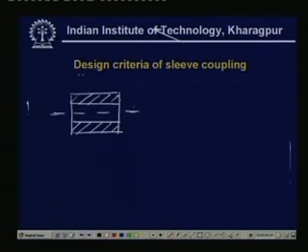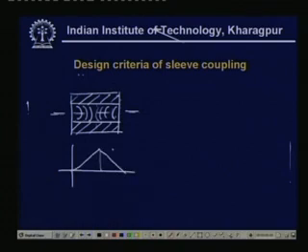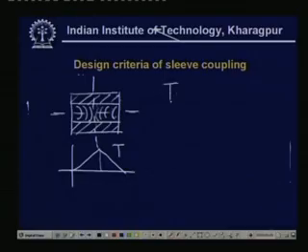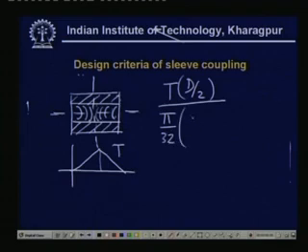And again, here the shear stress, if you consider the torque, then the torque distribution, here the maximum torque is T, and that occurs in that section, and in that case the maximum shear stress will be T times d by 2 divided by pi by 32 (D to the fourth minus d to the fourth), and that must be less than or equal to tau allowable.